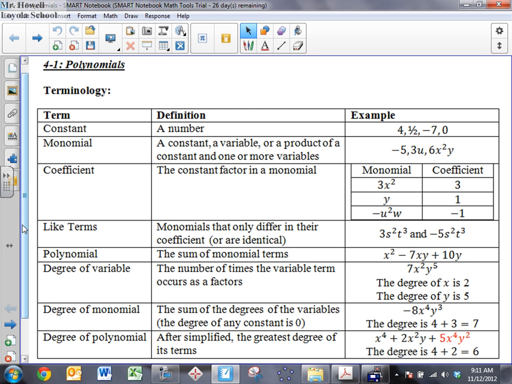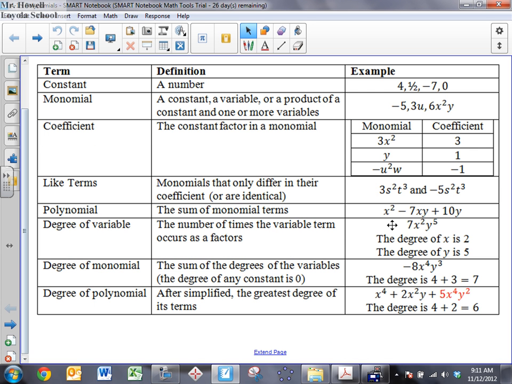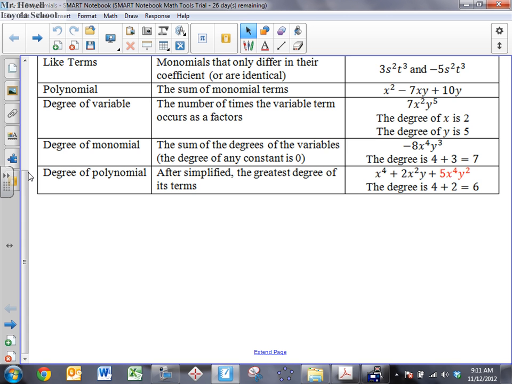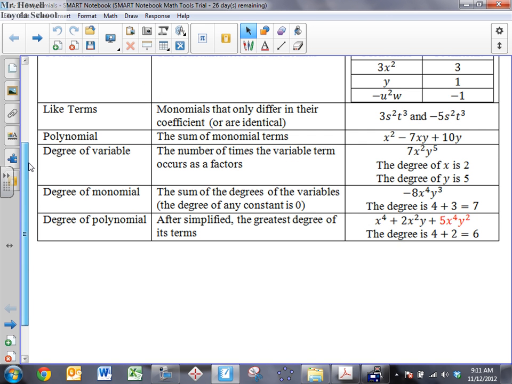You want me to scroll up a little bit? Should I scroll up a little bit? You're on coefficients still? All right. That sounds terrible. I'm sorry to hear that. Relax.